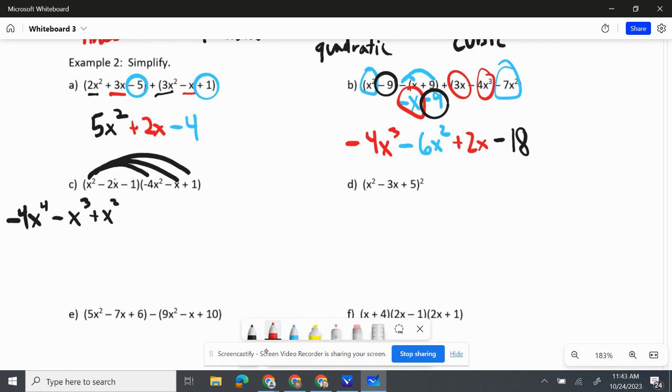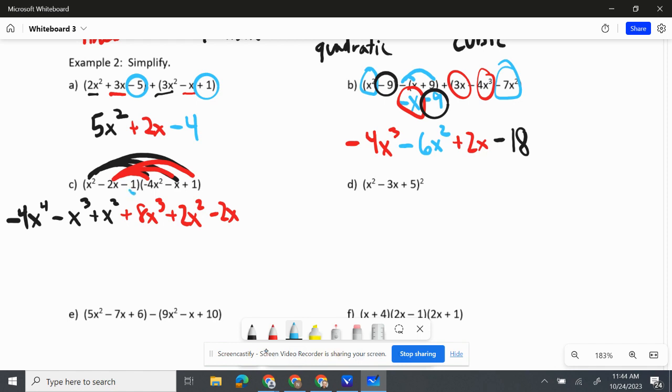I'm going to take the negative 2 and distribute it to each of the terms. So I have positive 8x cubed. Then I have a positive 2x squared. And then I have a negative 2x.